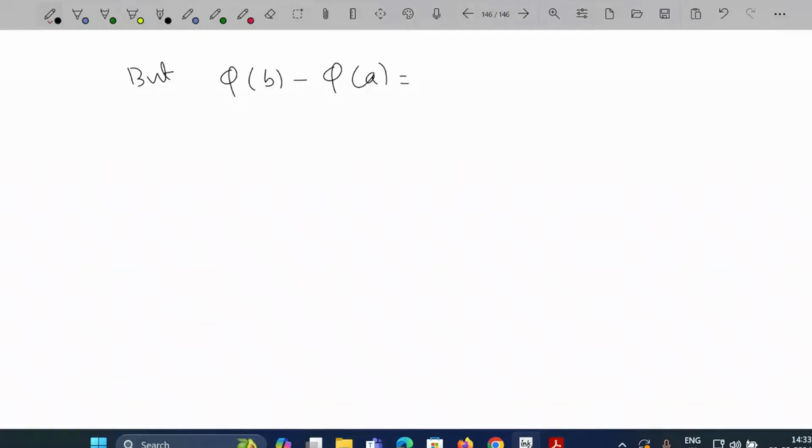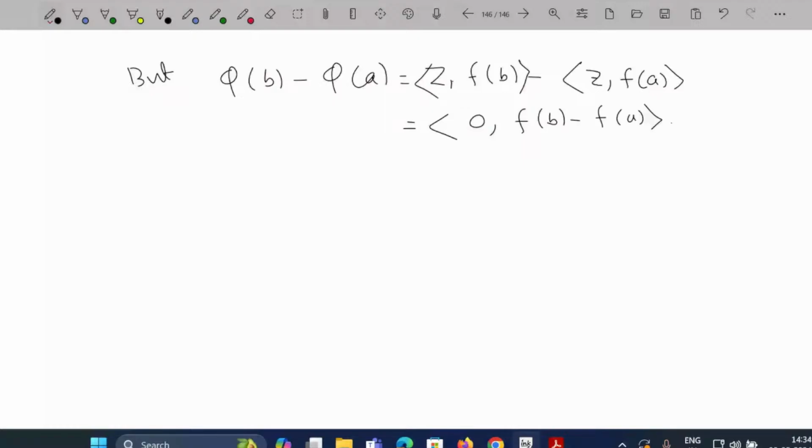Phi of t is z dot f of t, so this is nothing but z dot f of b minus f of a. If you are not comfortable with this, write it as the inner product z comma f of b. So what is the value we are getting? Cancelling out.